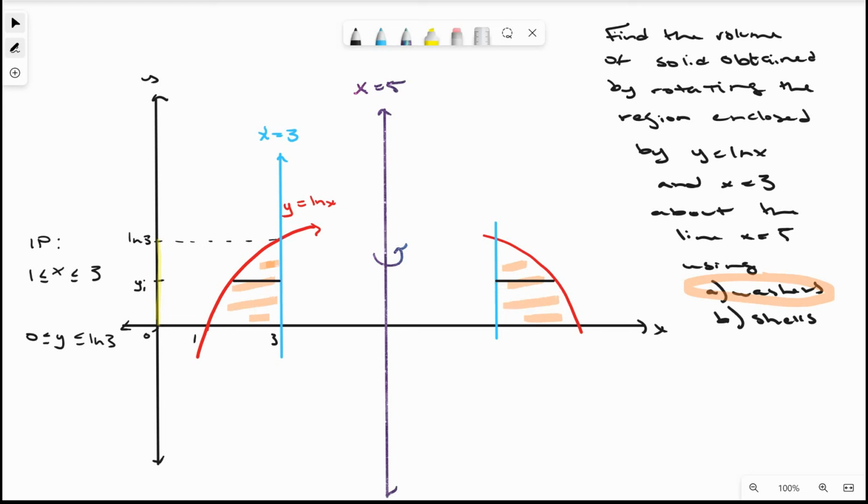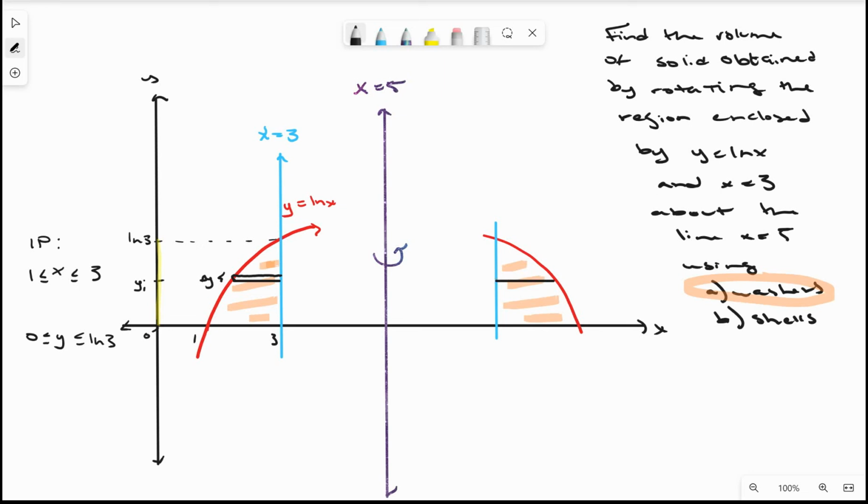The other way that we can view it is, instead of slicing and then approximating the slices by washers, we could first form rectangles of equal width delta y along this interval from 0 to ln of 3, and then rotating the rectangle about the axis of rotation, we get washers.